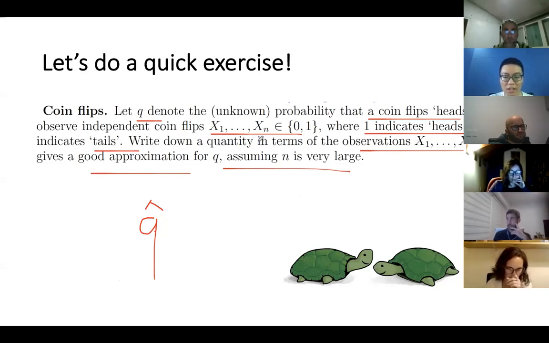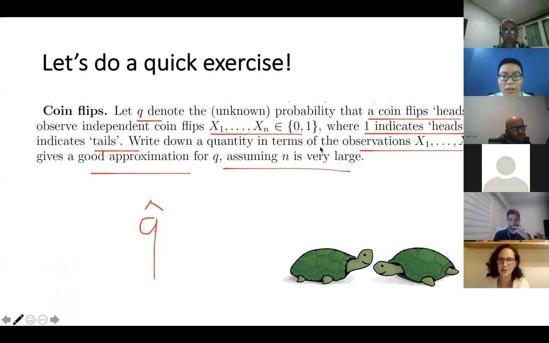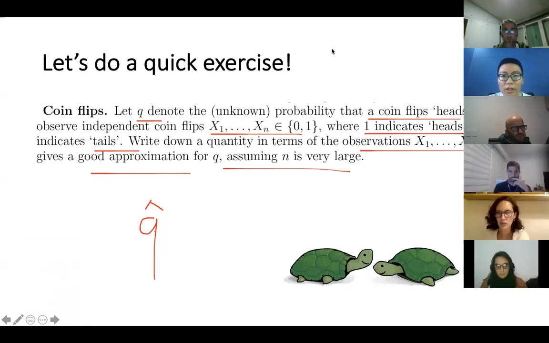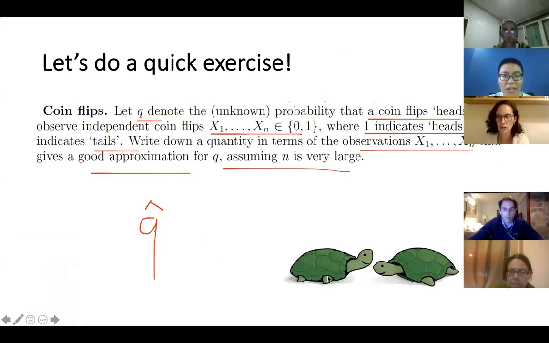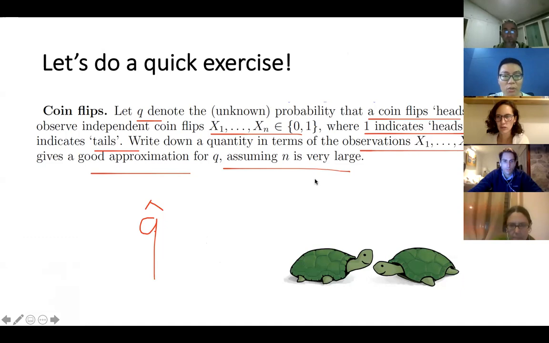If you have any questions, feel free to interrupt me. Okay, I think you should have received the message to enter the rooms.